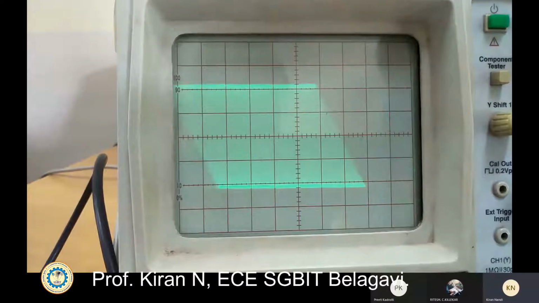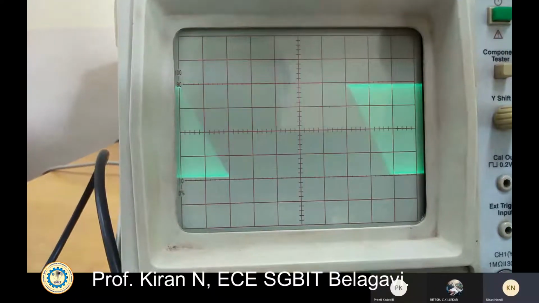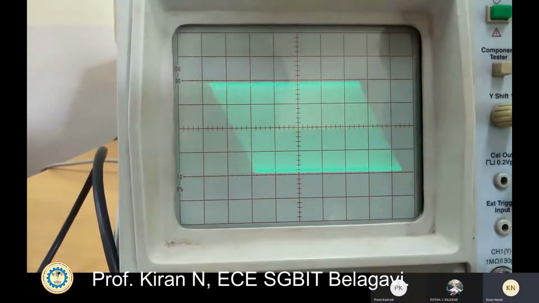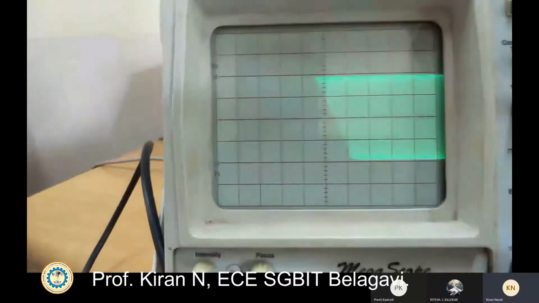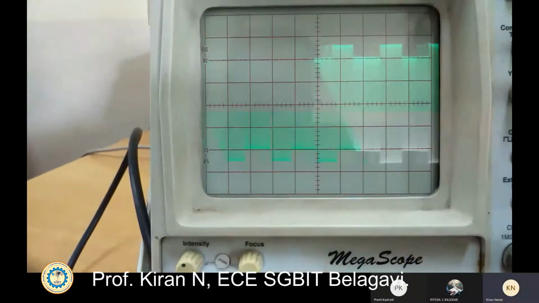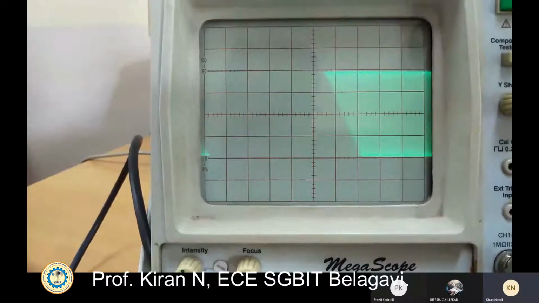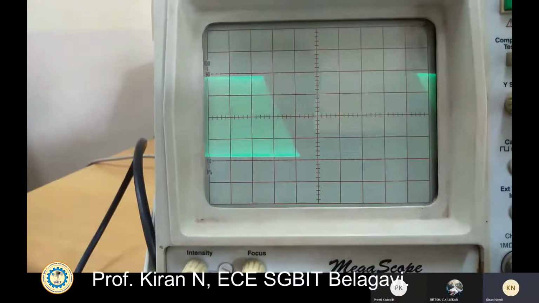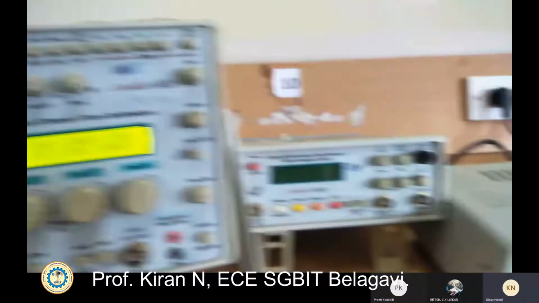Yes, you can see the amplitude of the signal is going on reducing. Initially it was constant and then it started reducing. So this is what we can see here in the graph.